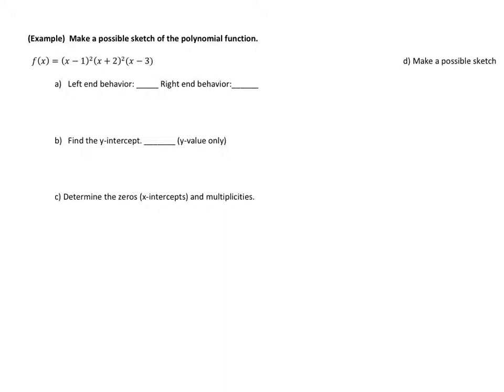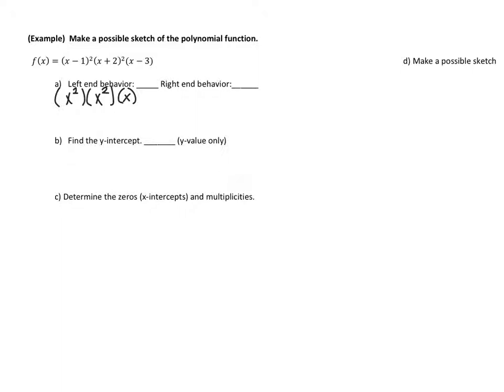So when I look at x minus 1 squared, if I were to multiply that out, I have x squared as my highest degree. And then I look over at x plus 2 squared, and that's also x squared. And then x minus 3, you just have x to the first. So basically, you can just pick the largest term and degree of each factor and multiply those together.